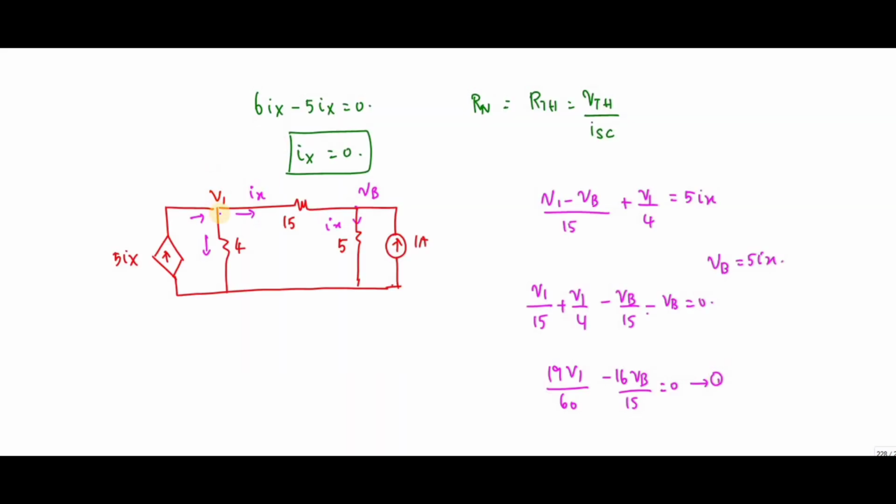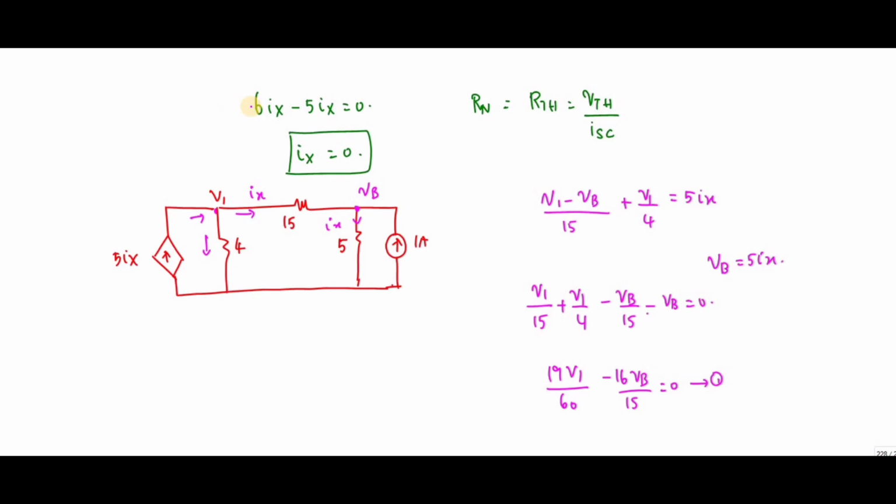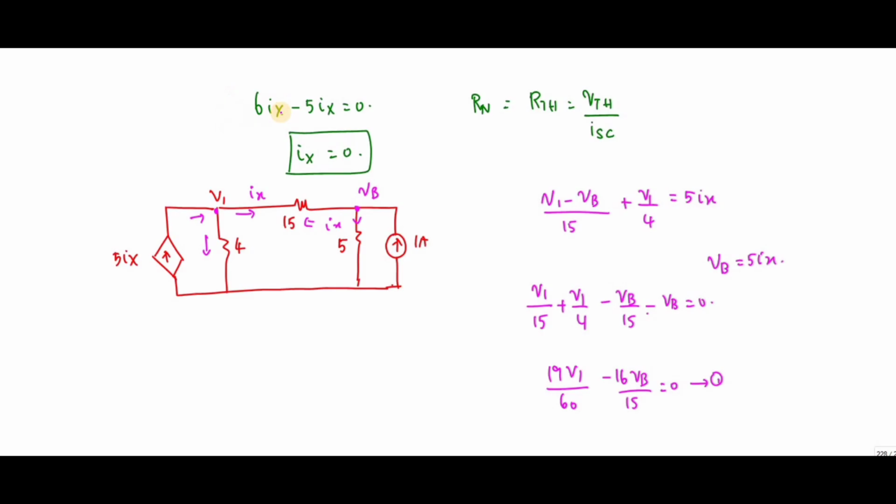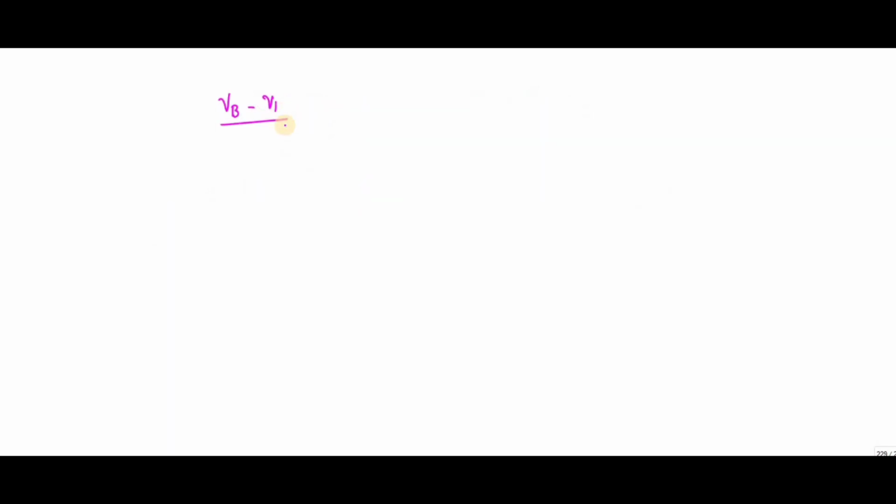This is for this node. Now for this node, the current direction should be in the opposite direction. So I can write VB minus V1 by 15 plus VB by 5 is equal to 1.